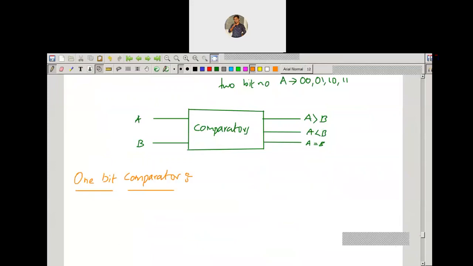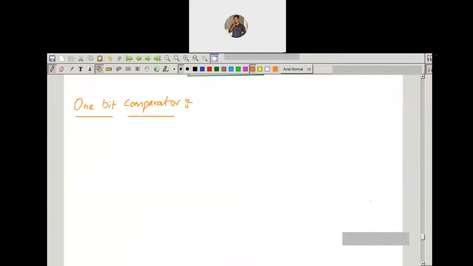For every comparator, how many inputs are there? We are going to have two inputs, right? Those are A and B.